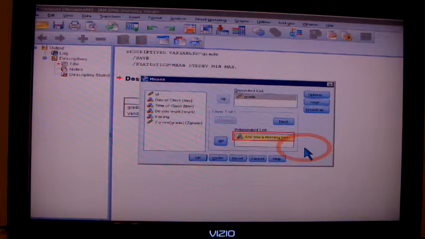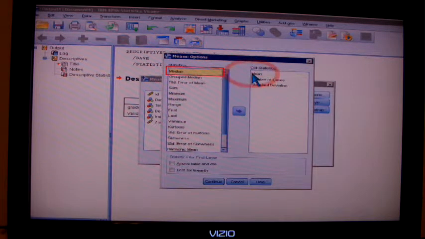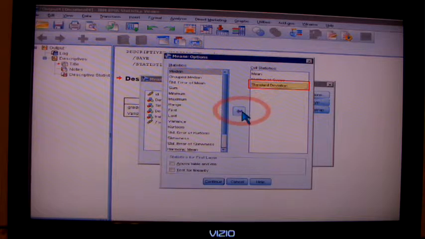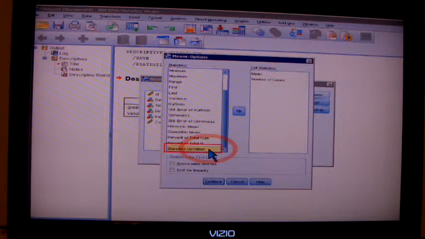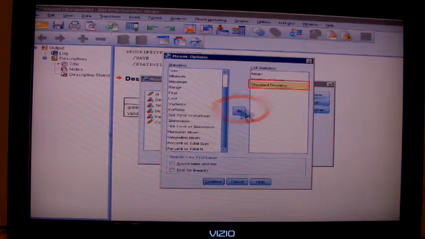And then we're going to go to the options. I already have them over here, mean, number of cases, and standard deviation, but if they weren't, if it's not there, you just click on it and move it over, okay? So make sure that's the same. And we're not doing an over table, we're not doing that stuff yet.